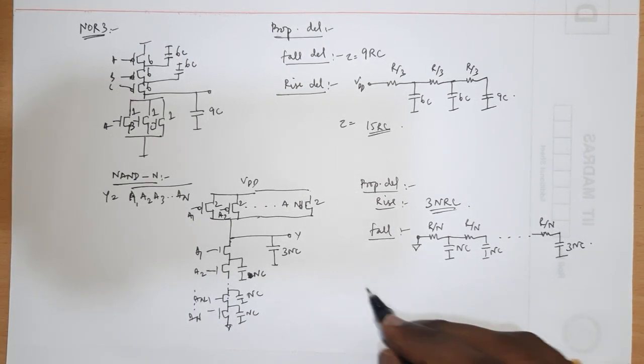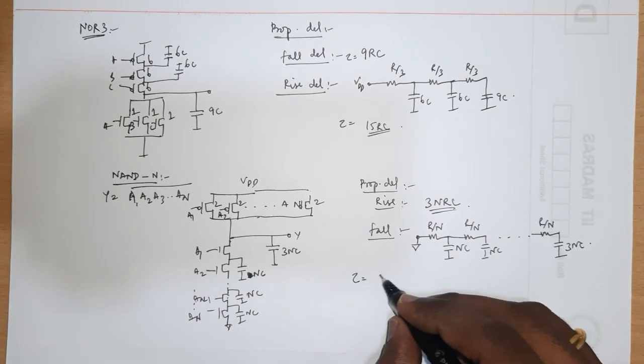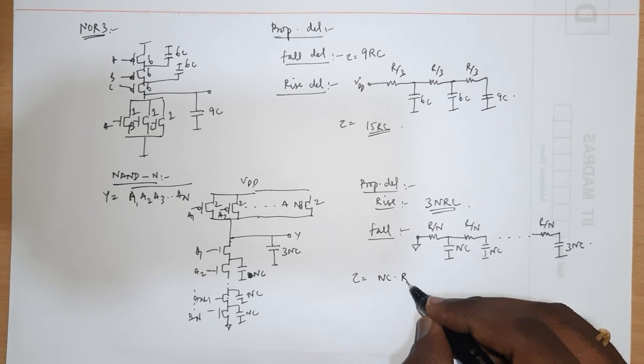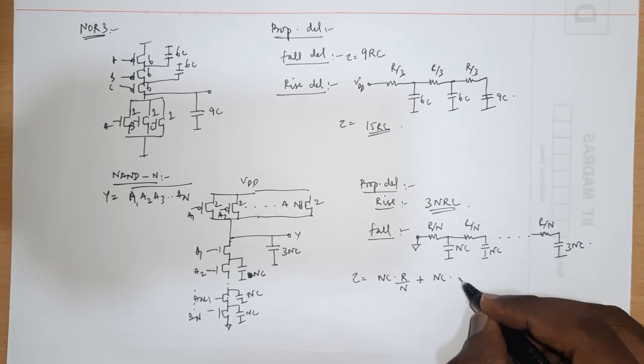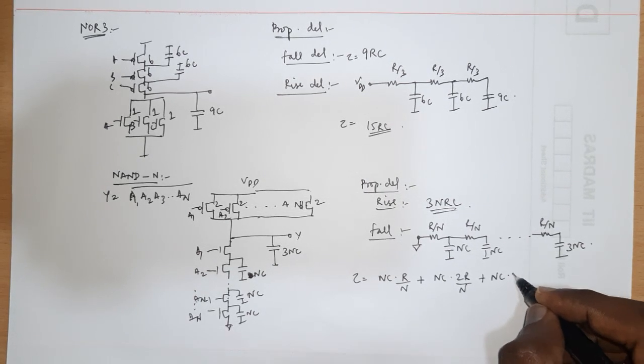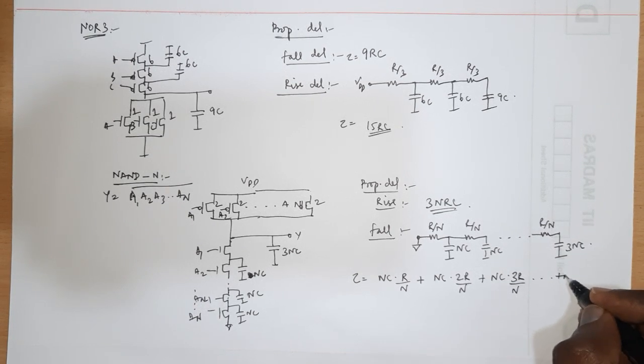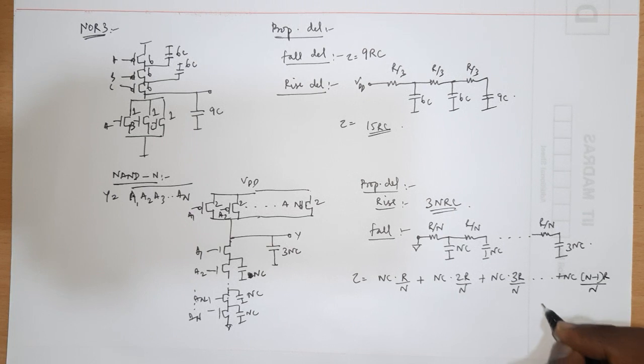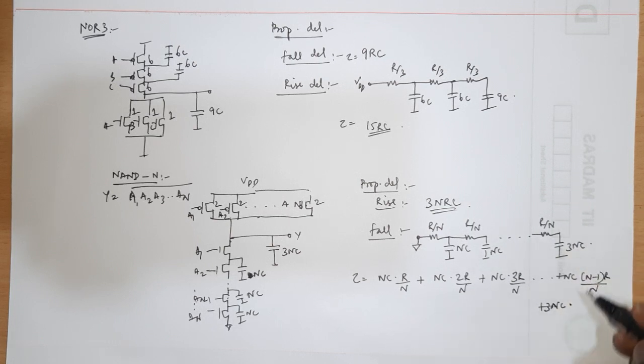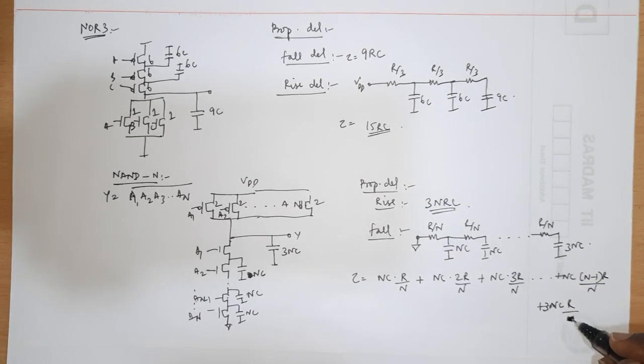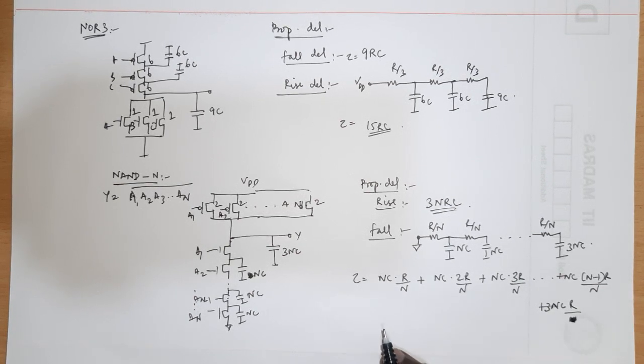If you write down the delay expression, you will have NC into R by N plus NC into 2R by N plus NC into 3R by N, and so on, plus NC into N minus 1 times R by N, plus 3NC into R. So 3NC into R.